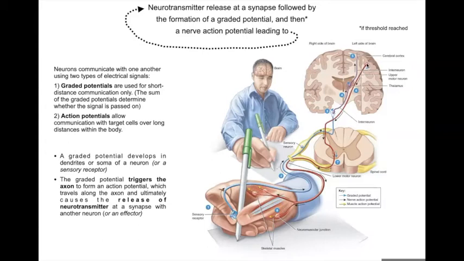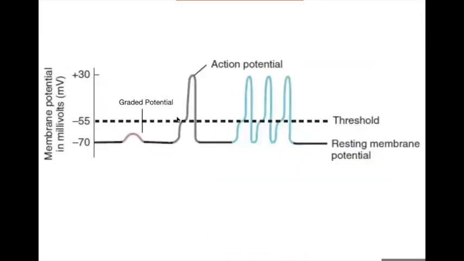Then you'll have long action potentials going from one region, say in the brain, all the way down to your spinal cord, a little more local communication, and then a long action potential down out to the periphery right here. Mostly we'll be talking about the graded potential and action potential and everything surrounding these issues right here.